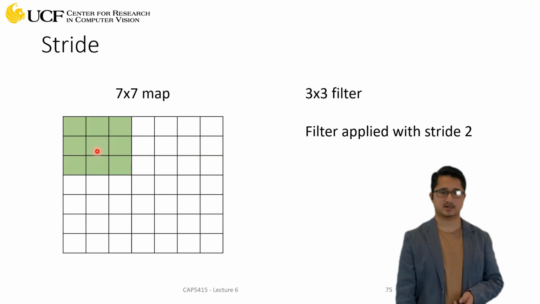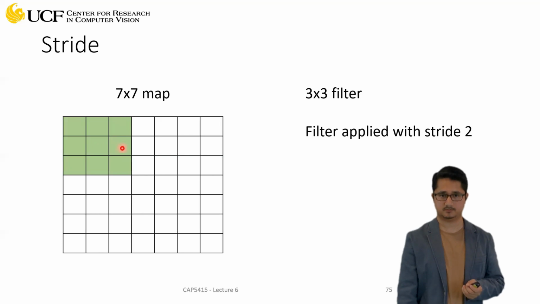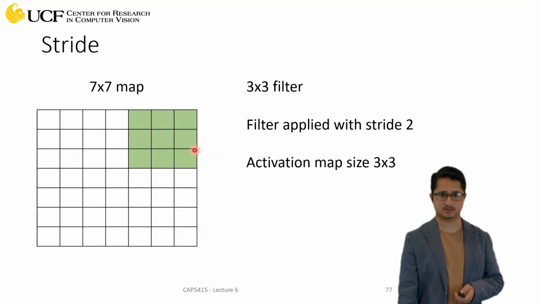All right, so let's start from this location. If we have a stride of 1, then we will start from this location, we'll go to this one, so we won't skip anything. If we have a stride of 2, then we are going to skip one value. So this is the first location, then the second location is going to be this one, and then the third, again we skip one, we go to this.